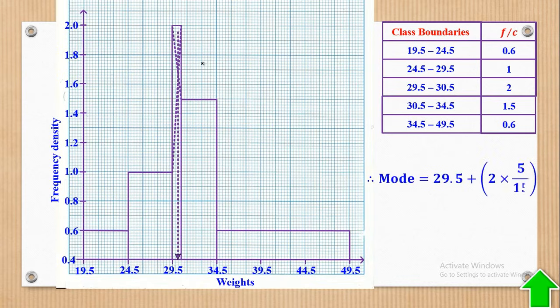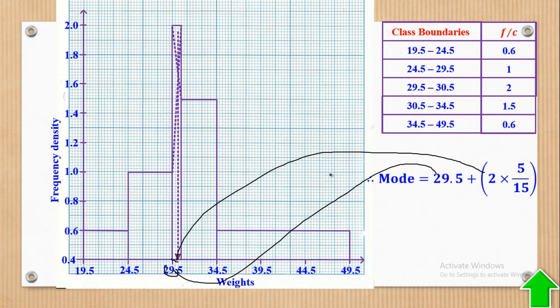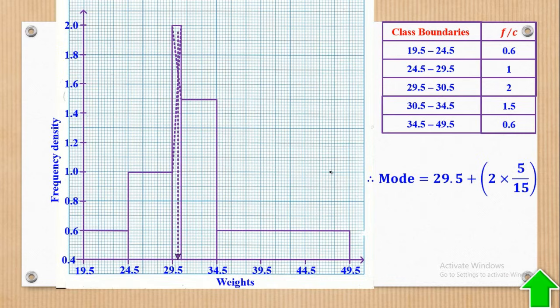Now, reading off that value is a little tricky. How do we get this value? So first of all, this value is 29.5, so put it here. Then you count the number of small squares, 1, 2. That is why you see the 2 there. Then next, you have to get the scale for each small square. How do you do that? You count from here up to here.